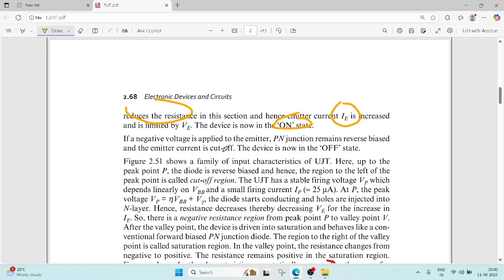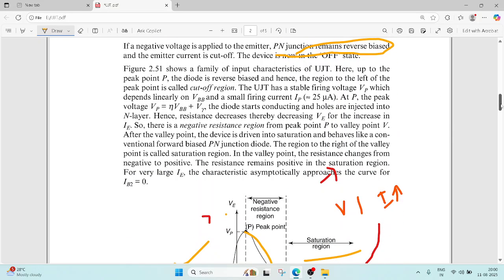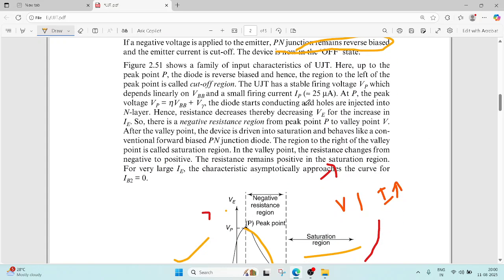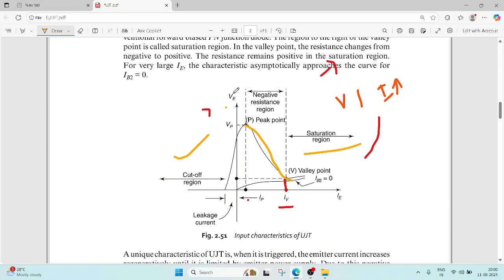If a negative voltage is applied to the emitter, the PN junction remains reverse biased. Only when positive is applied is the PN junction forward biased. When negative is applied, it is reverse biased. So this is the family of characteristics. What does this mean? In these characteristics, this is your VE.